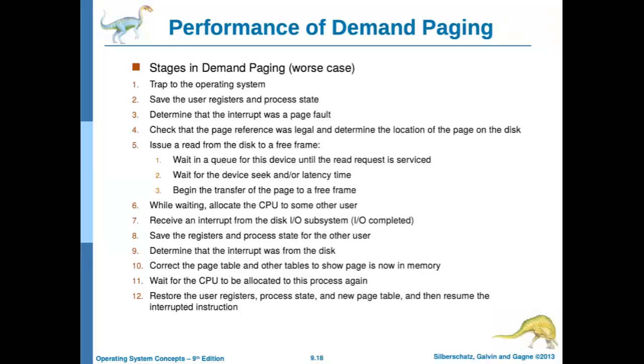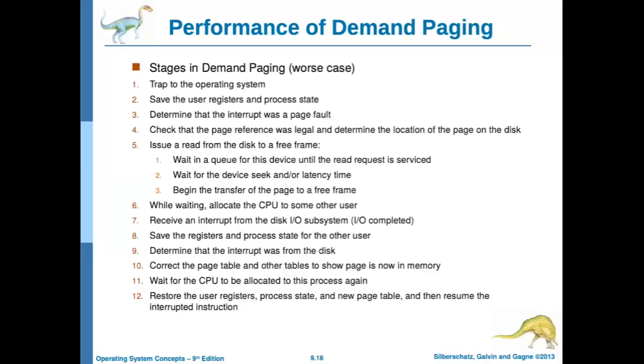Next, if it is legal, you need to find out the location on the disk. Whatever your backing store is, whatever your swap space is, find that page on the swap. Then issue a read from disk to a free frame. That means such a process, because disk IO is used here, should wait in a queue for this device until the read request is serviced.